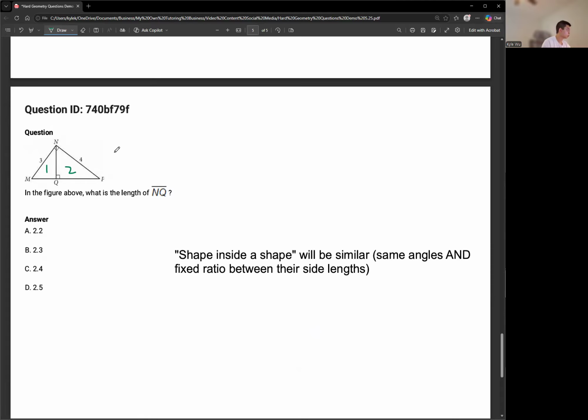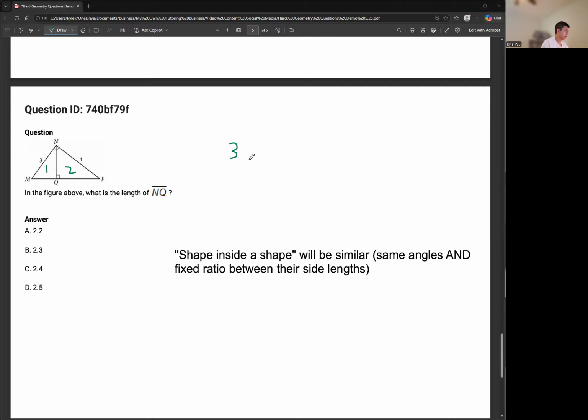Okay, so what is the hypotenuse of triangle 1? It's 3. What is the hypotenuse of triangle 2?